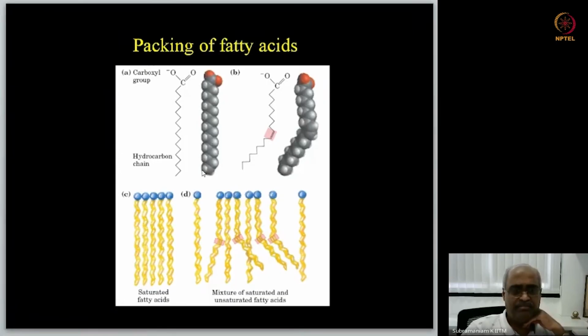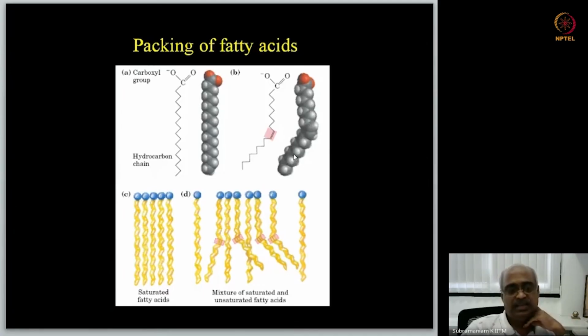space filling model, perspective diagram. And when you have a double bond, the rotation between these 2 carbons is restricted. As a result, you have a rigid orientation of the 2 sides of the chain, leading to a fixed rigid structure like this.